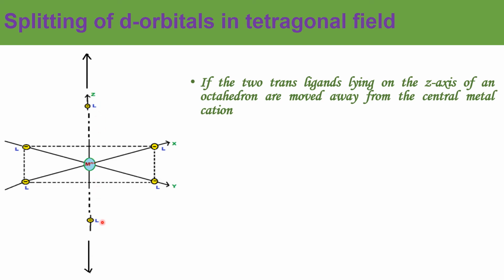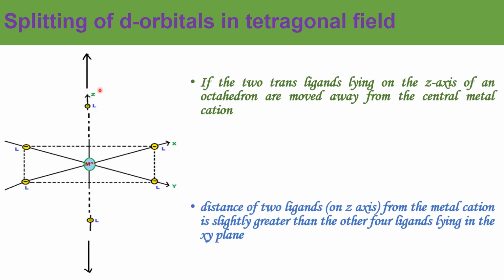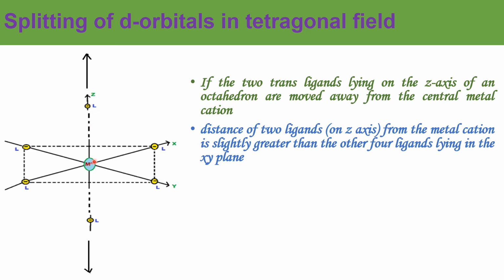So the metal-ligand distance on the z-axis increases, and the two ligands on the z-axis are slightly farther from the metal cation than the other four ligands in the xy plane. Such a distortion of an octahedral complex is known as a tetragonally distorted octahedron, or simply a tetragonal structure.